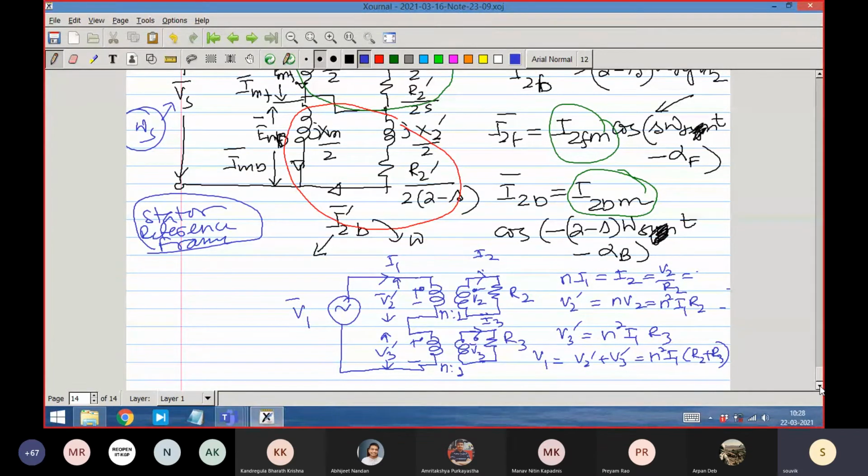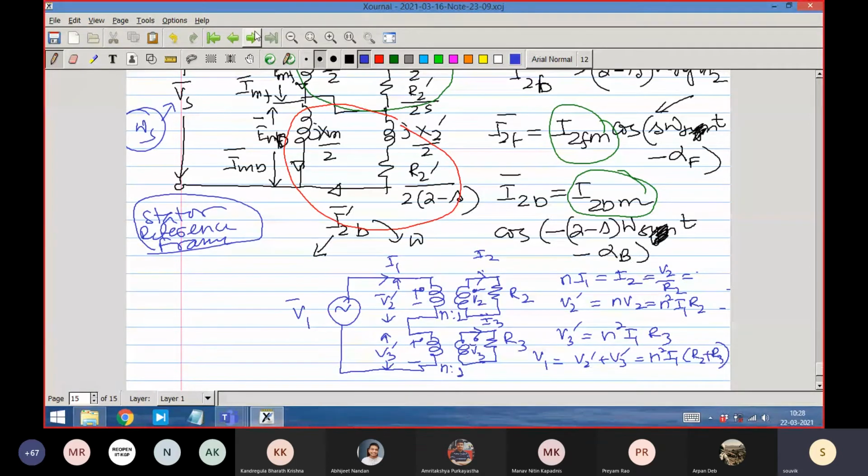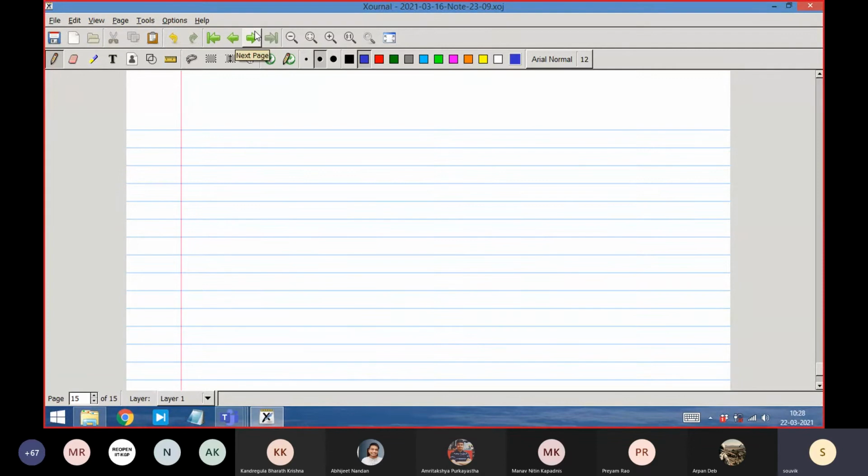But this equivalent circuit is drawn with respect to the stator reference frame. But the actual rotor, if we can imagine sitting there, we'll see that there are two frequencies in the current waveform. Okay, we'll move on. We cannot get stuck at some point all the time. Some things also have to be learned by you, by your own thinking effort.